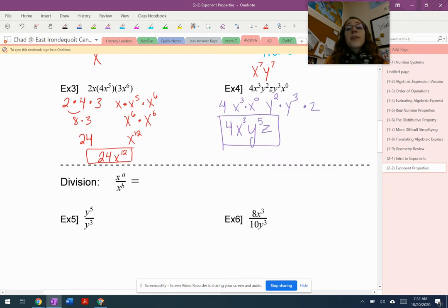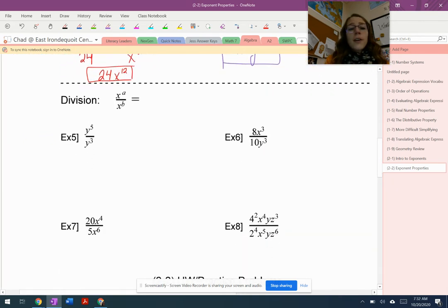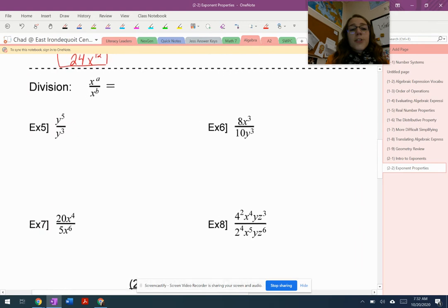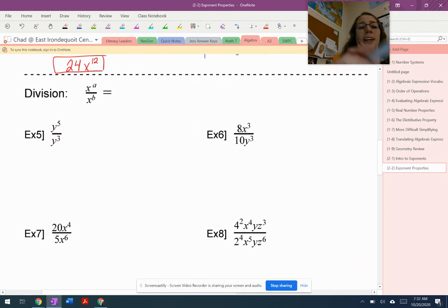Looking at the second part of our notes here for 2-2 algebra is the division piece. So again, just like with multiplication, the absolute first and most important thing is that your bases are the same. Again, must have same bases.